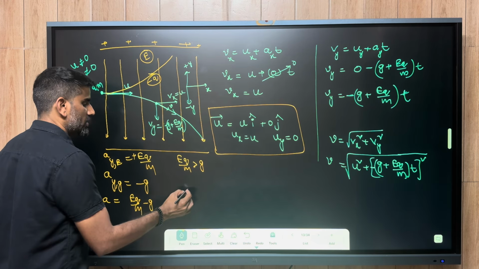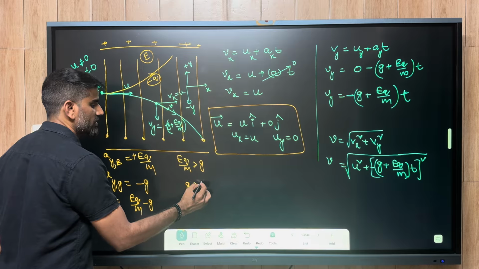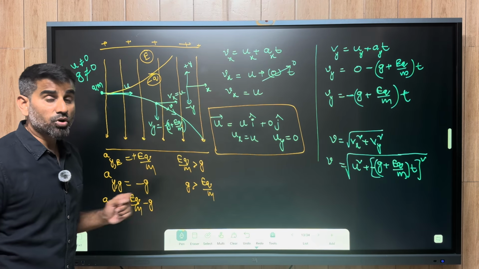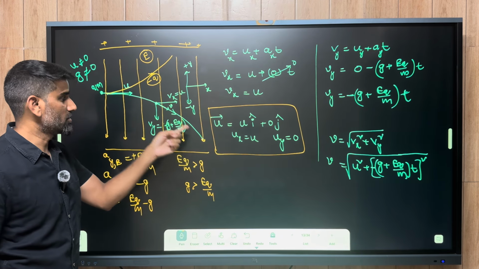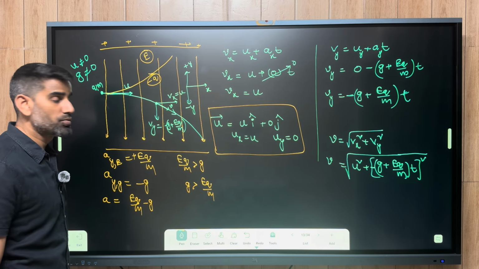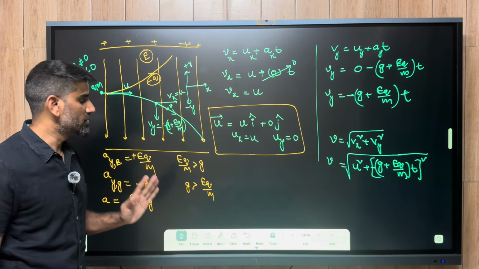If g is greater than eq by m, then the charged particle motion will be in the same manner as that of the positive charge. Hope you have understood the steps.